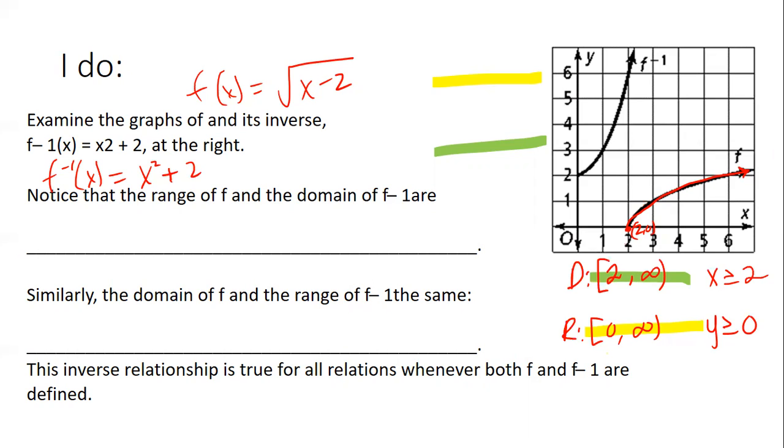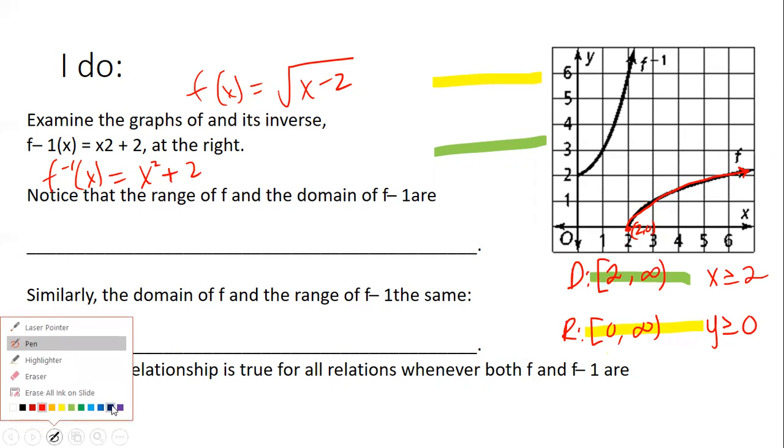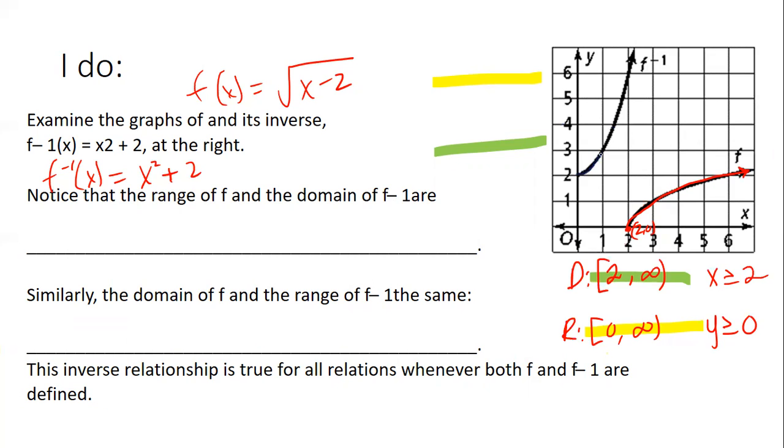Still with me? Okay, now we're going to do domain and range of our inverse. So looking at the inverse, domain starting from left to right, I'm here at (0, 2). So what is my smallest x value? 0. And the arrow means it goes on forever.